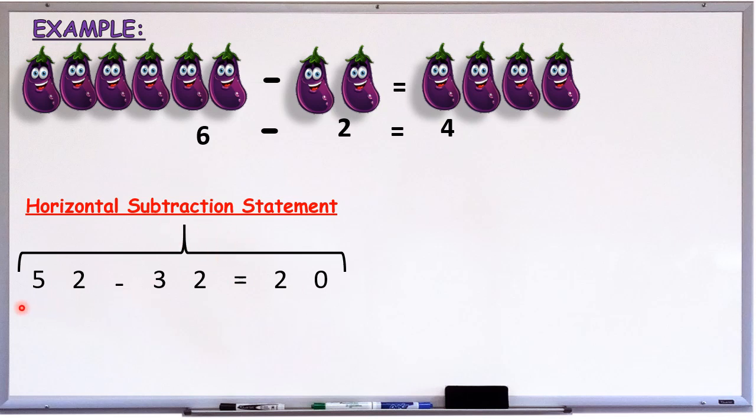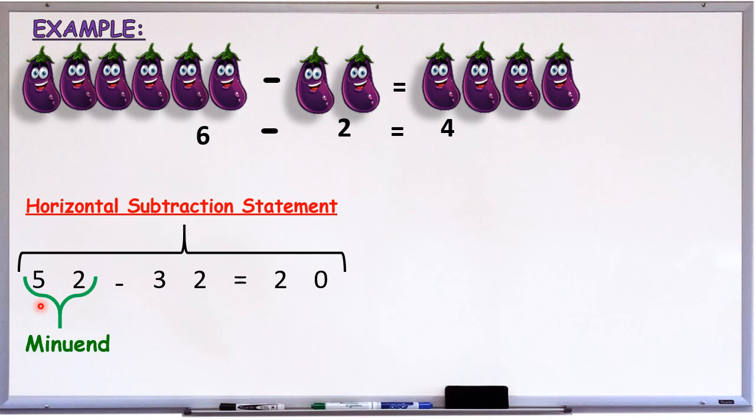Children, always remember that the bigger number we will be writing first, then the minus sign, and then the smaller number will be coming. The bigger number in a subtraction statement, the bigger number from which we are going to subtract, is known as minuend.